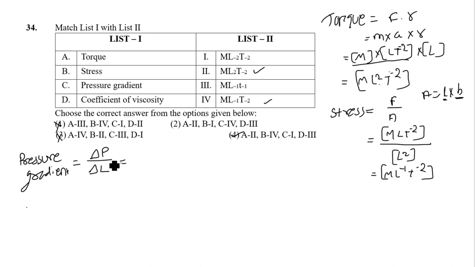I have already told you the dimension of pressure is the same as the dimension of stress. So I just put here directly M L minus 1 T minus 2.